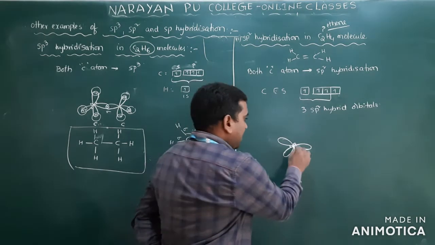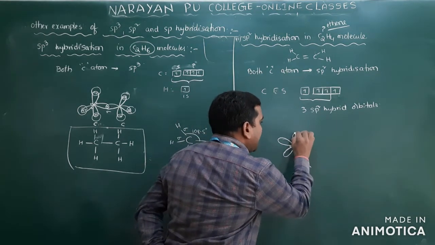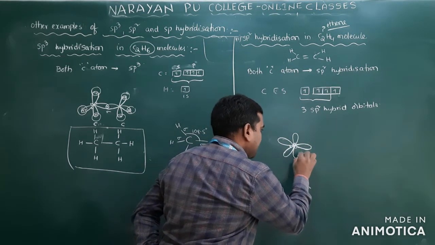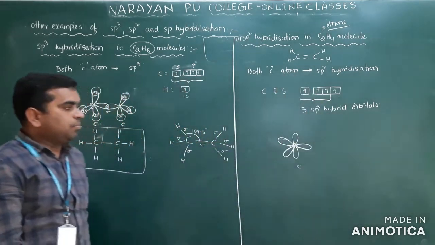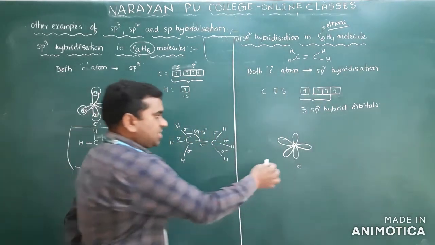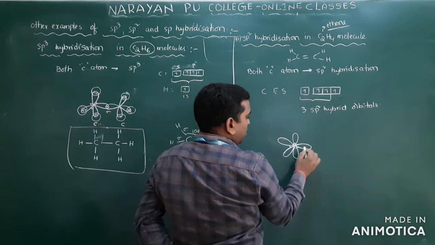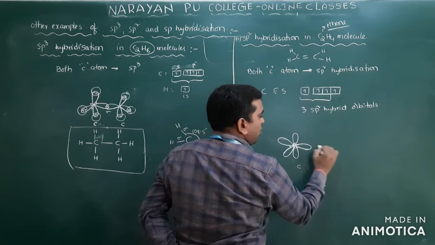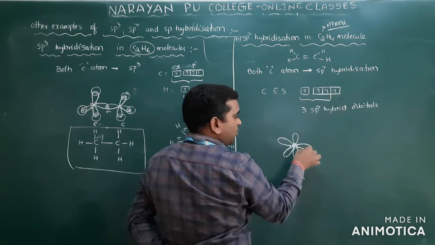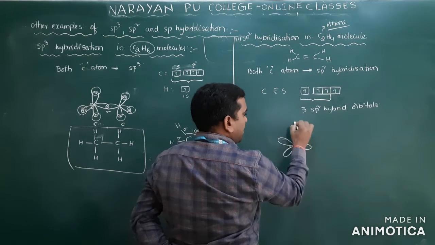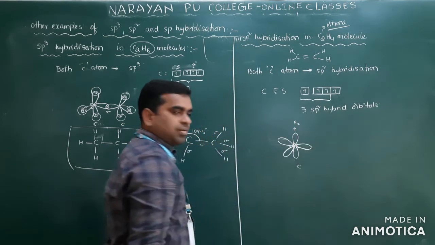Here one unhybridized orbital will be there. We just assume this is a px orbital, because the internuclear bond formation takes place along the z axis.